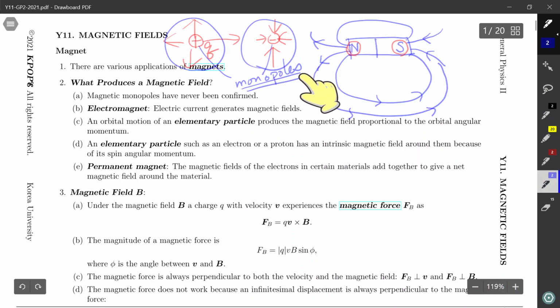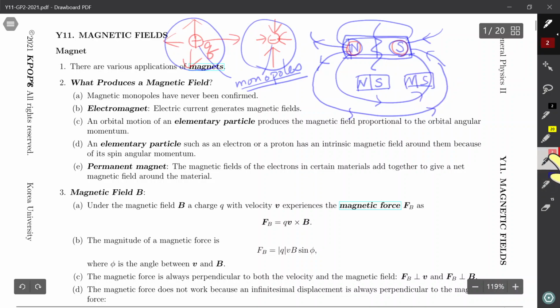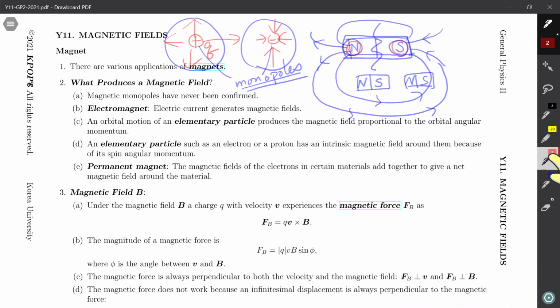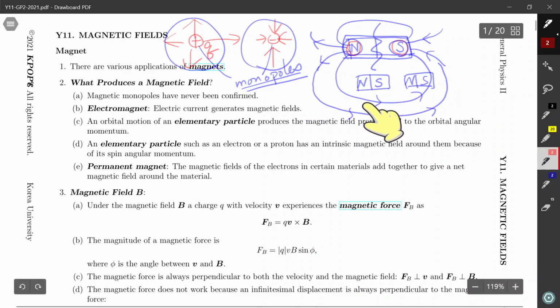So, electric monopoles. However, in the case of magnetic field, a magnet consists of north and south poles. They are always connected. If you break a magnet into two pieces, they become two separate magnets. Each magnet has north and south poles. So the generator for the magnetic field is a magnetic charge, and magnetic charge is not a monopole but a dipole.